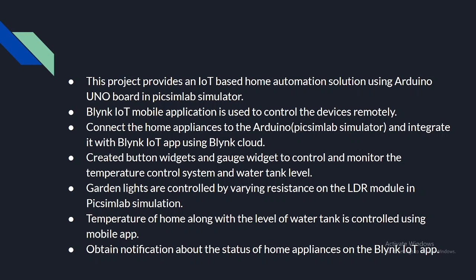We created button widgets and a gauge widget to control and monitor the temperature control system and water tank level. Garden lights are controlled by varying resistance on the LDR module in the Pixim Lab simulation. Temperature of home along with the level of the water tank is controlled using the mobile app. We obtain notifications about the status of home appliances on the Blink IoT app.